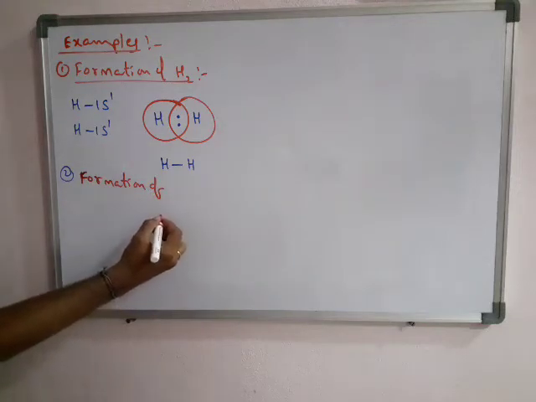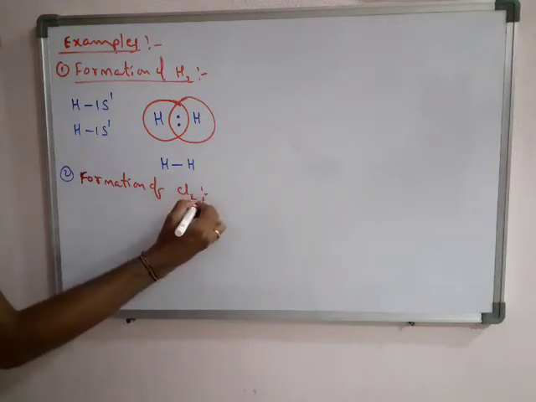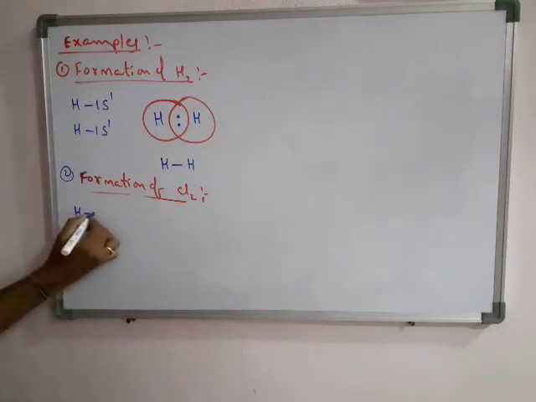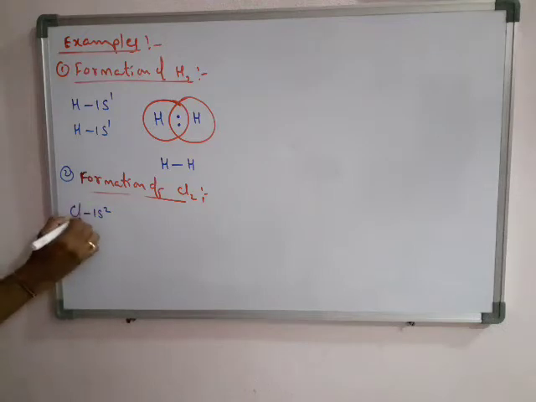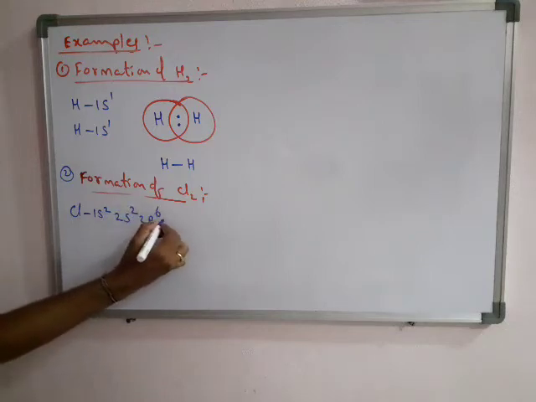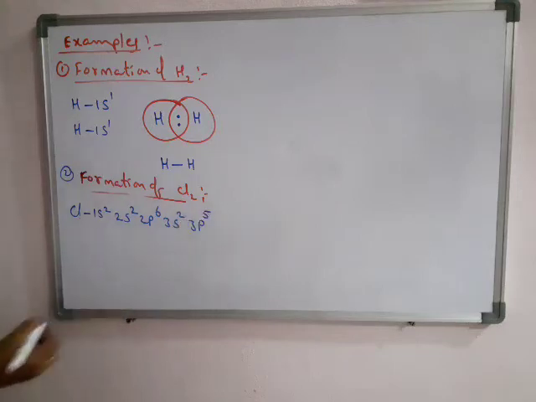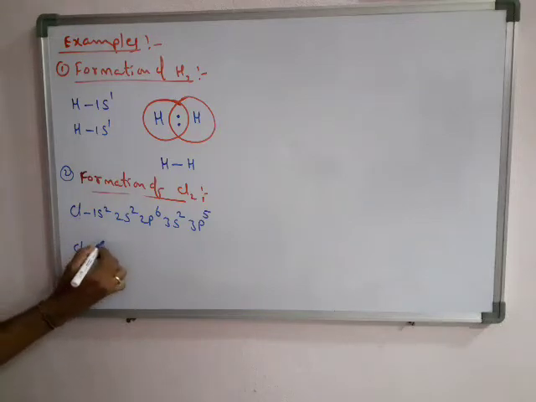Formation of chlorine molecules. What is the chlorine configuration? 17, 3p5. The other Cl is also having the same configuration.